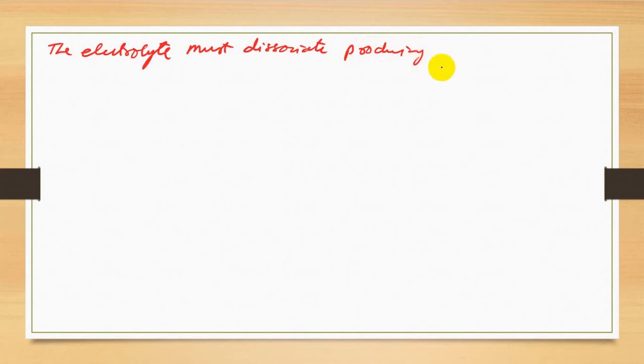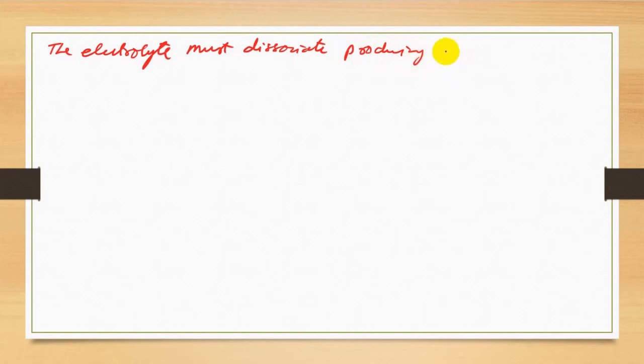So what I can say here is the electrolyte must dissociate producing oppositely charged ions, isn't it?